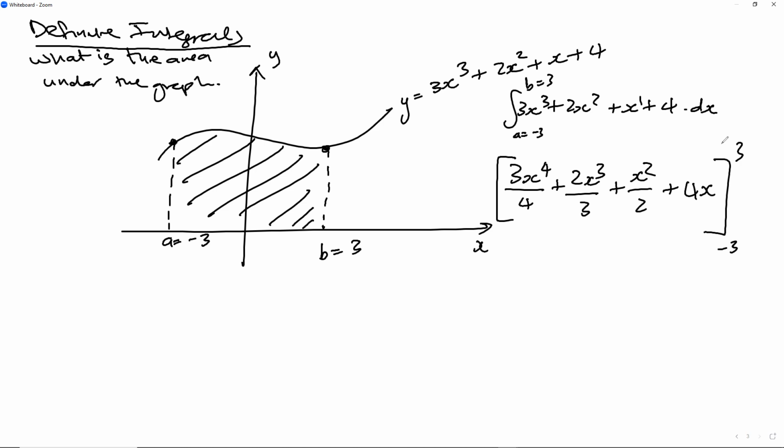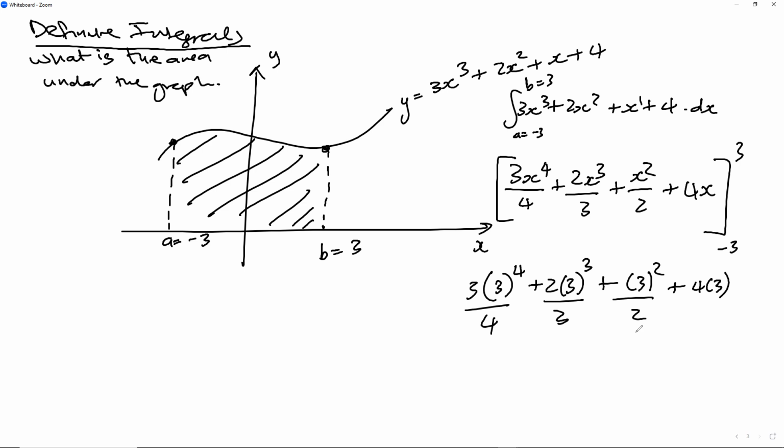And that's going to become 3 substituted in here, which is going to be 3 times 3 to the power 4, plus 2 times 3 to the power 3, plus 3 squared, plus 4 times 3, and this first fraction divided by 4, divided by 3, divided by 2. All right? For each of those.